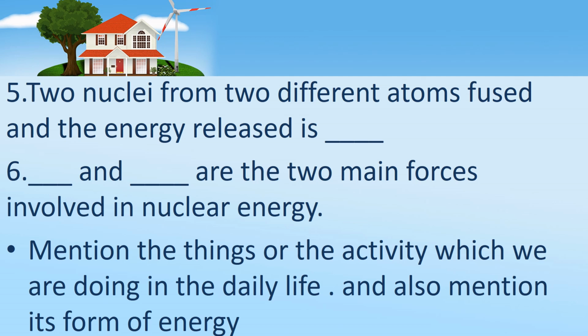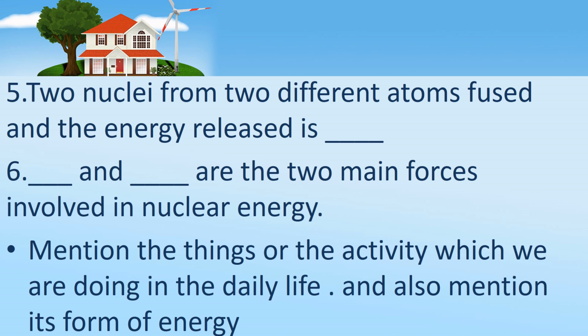I have already given you work, children. I told you to find the forms of energy which we use in daily life. That is also your homework. We have learned about the 8 forms of energy and also solar energy and wind energy. So you should write 15 materials. If it is a fan, you should write what type of energy it is. If you are moving in a car, it is kinetic energy.